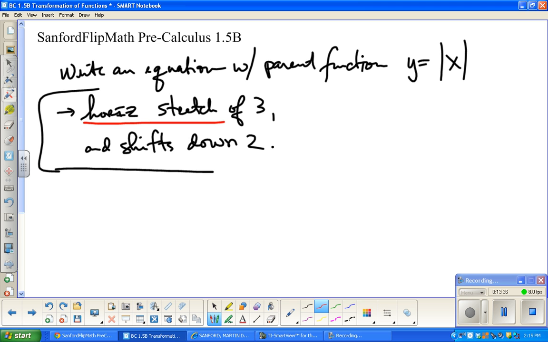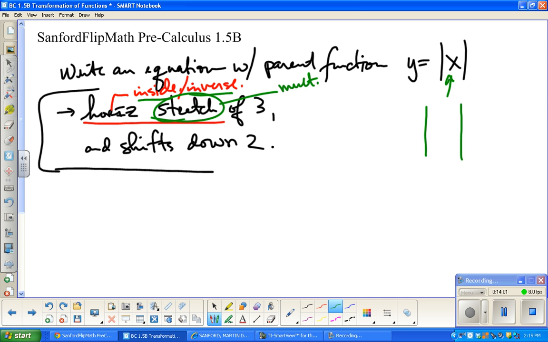Horizontal stretch, well, if it's horizontal, it's got to be inside, and it has to be inverse. Okay, stretches come from multiplication, but I have to do inverse on the inside. So basically what's going to happen here is that x is now going to be x divided by 3.